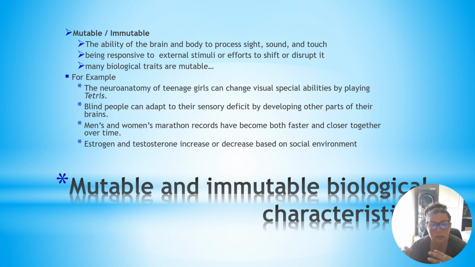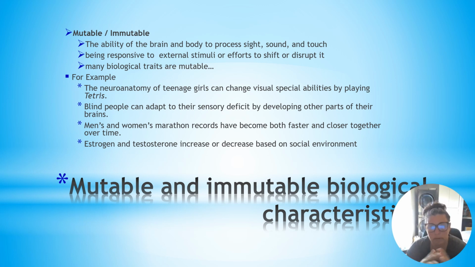Our brains and our bodies are able to process things like sound and sight and touch, right? Our bodies are responsive to external stimuli, and our bodies actually do shift or change based on that external stimuli. In actuality, a lot of our biological traits are mutable. They can change based on our environment in ways that we probably never even realized.